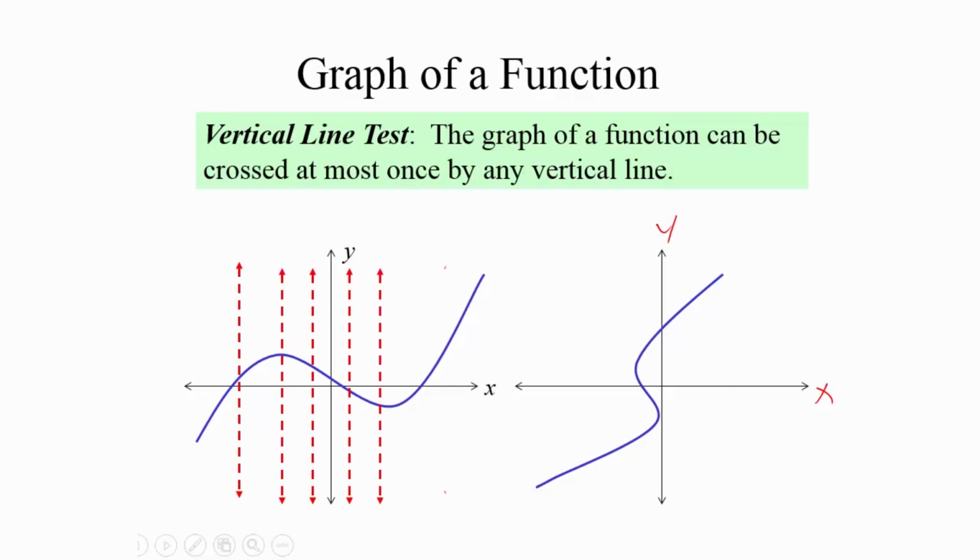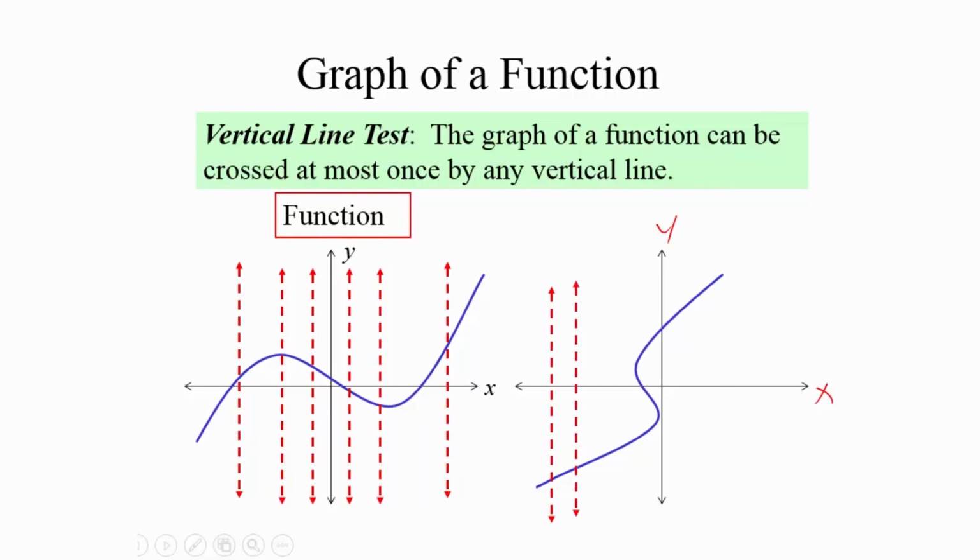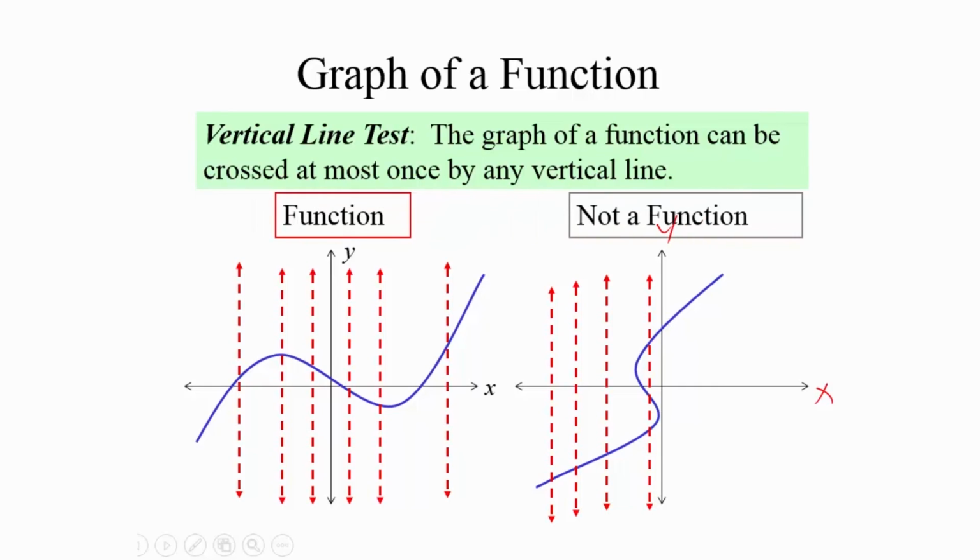These are the vertical lines that went through, all of them cutting the curve at one point. That is a function. This blue curve represents a function. This one, cutting at 3 points, more than one, is not a function. That is not a functional relationship.